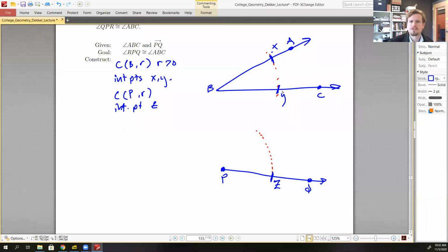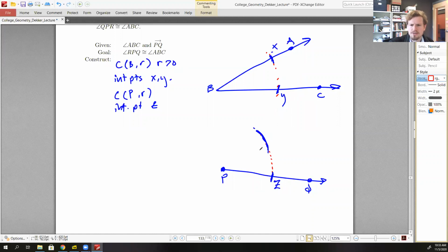Now I want to identify where this point is out here so I can draw the line from P through that point. Well, I know it lies this distance away. When I construct this circle, it's probably a good idea to have at least part of this drawn. So I include this mark here, and I know it needs to be somewhere out there as well. Then I construct a circle centered at Z, but with the same distance as it is from Y to X, so that I can find this intersection.